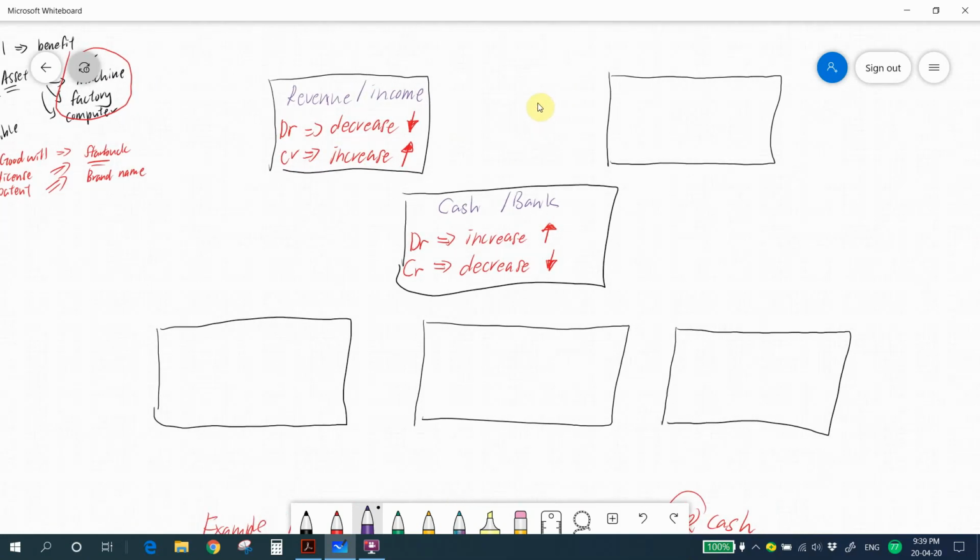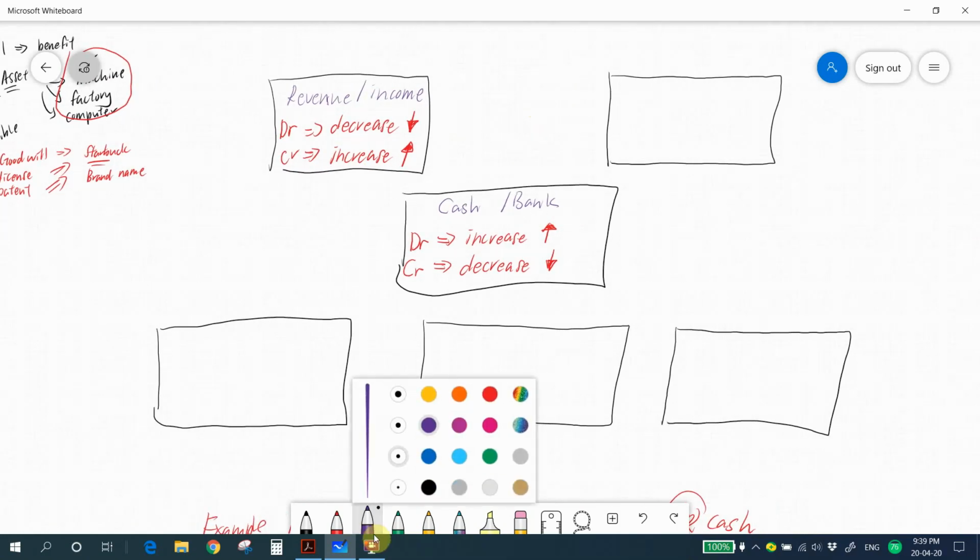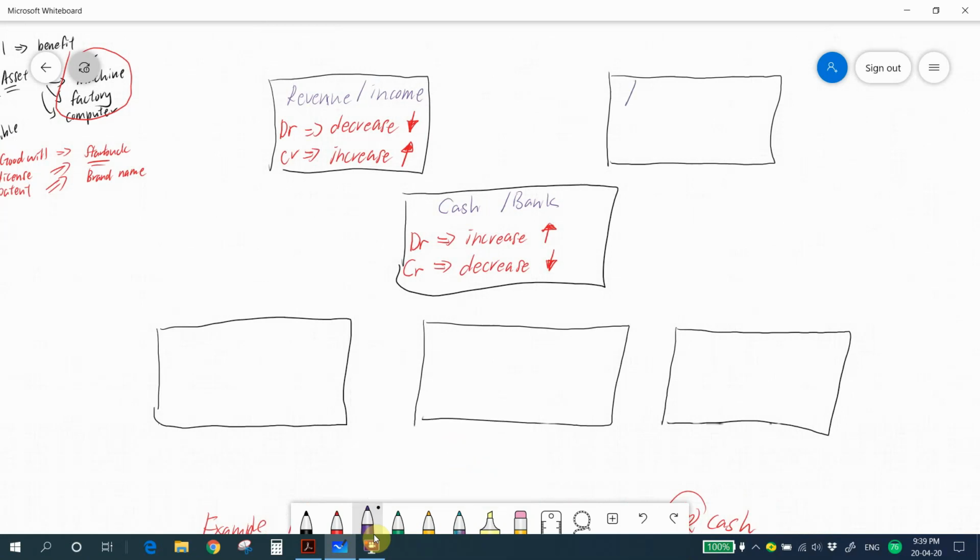Next, the next account that I want to discuss with you is purchase and expenses. Purchase and expenses, they are same nature, so we classify them together.